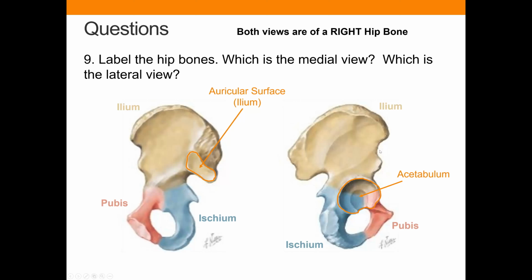Then I can also see the acetabulum, which is this deep depression where the head of the femur is going to fit and make a joint. And another piece of information to remember is that the acetabulum is always on the lateral side. So that tells me that the left picture is a medial view and the right picture is a lateral view.